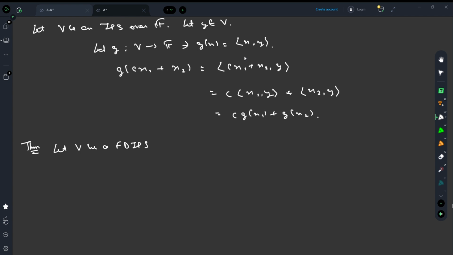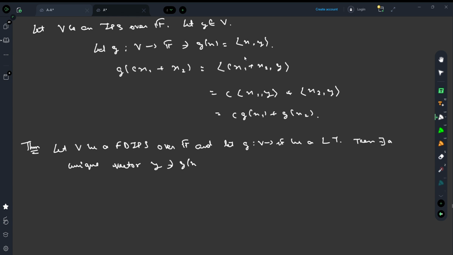Let V be a finite dimensional inner product space. It being finite dimensional is important because the construction will be given in terms of a basis, primarily an orthonormal basis. Let V be a finite dimensional inner product space over F, and let g from V to F be a linear transformation.